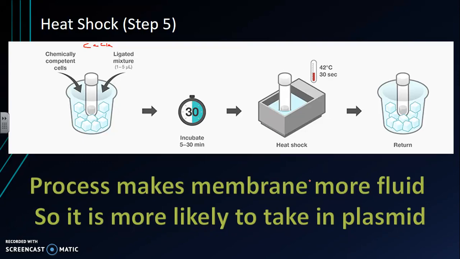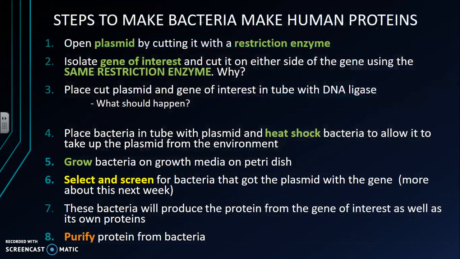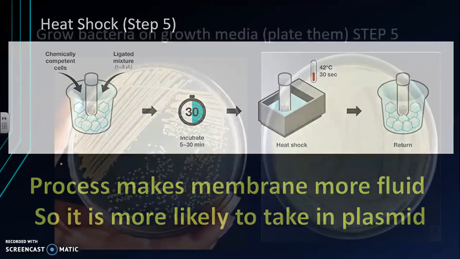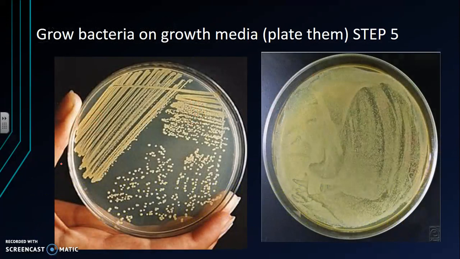At this point, we hope that we have some bacteria with the plasmid in it. Our next step, number 5, and you can see all the steps now, is to grow the bacteria on growth media on a petri dish. Growth media contains all the nutrients that bacteria need to live. This is an example of a petri dish.